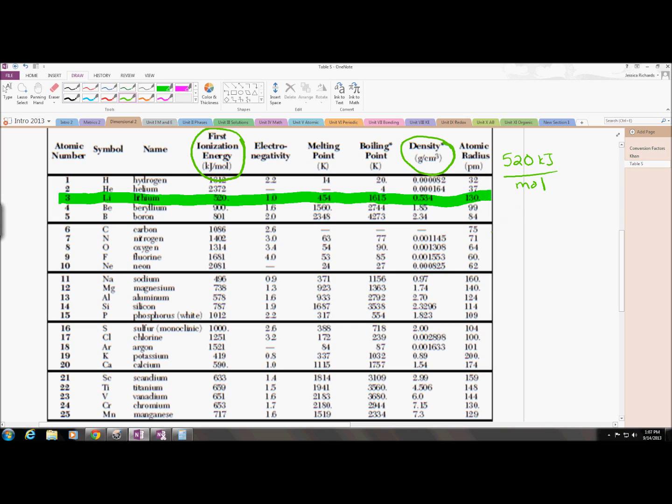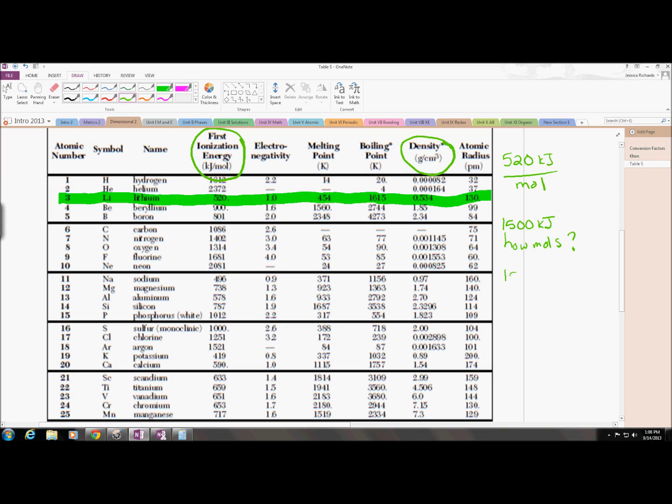Okay? So if I say it took 1,500 kilojoules of energy to remove electrons using the first ionization energy, how many moles of lithium were there? We just do factor labels.